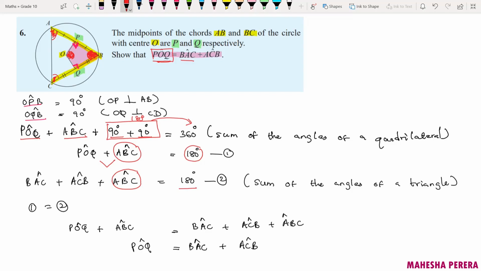This is the second equation, and you can write the reason also: sum of the angles of a triangle. Then when you equate the two equations, you can eliminate this common angle ABC by subtracting. The remaining will be the answer: angle POQ equals angle BAC plus ACB. So we got our answer.